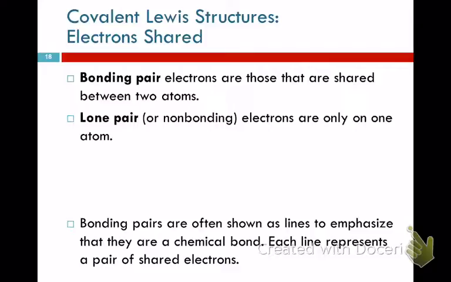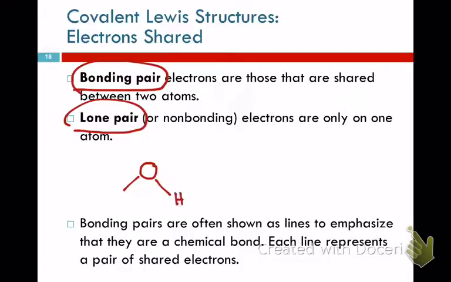So we have bonding pairs. Those are the shared ones. And then we have lone pairs. Those are the ones that are non-bonding, the ones that are not shared. So on my structure for water, now I'm going to draw it this way, because it makes it a little easier to write on.